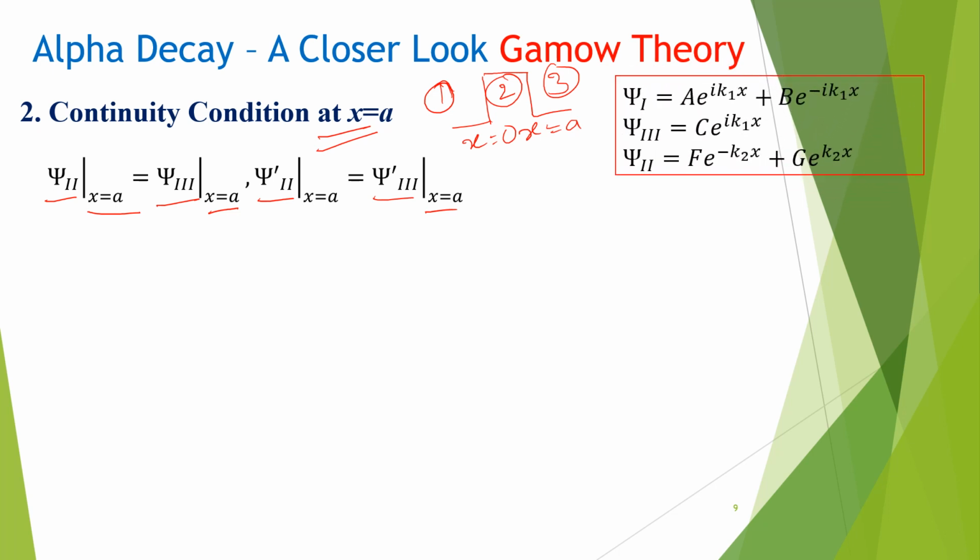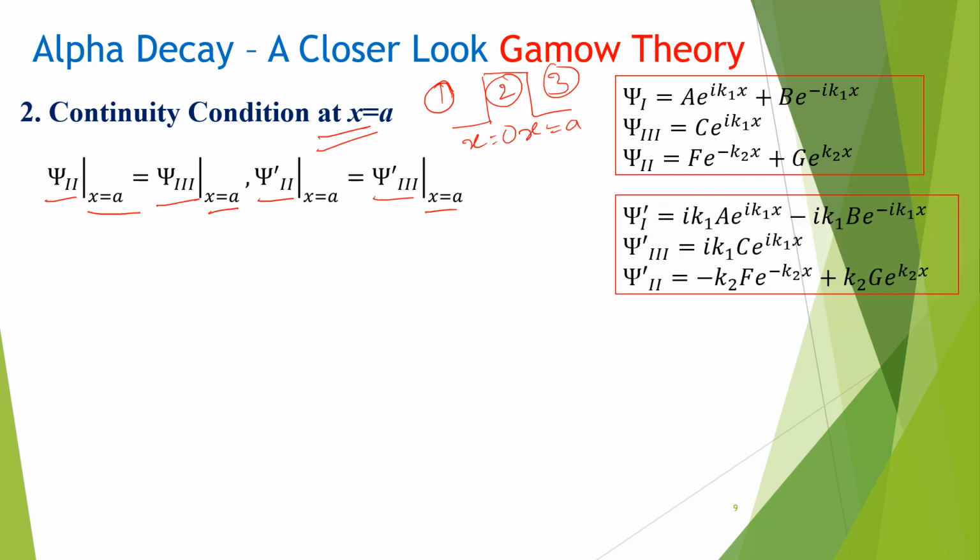Now the same equations I am rewriting: psi1, psi2, psi3 and their derivatives psi1 dash, psi2 dash, psi3 dash. So let us compare the first part, psi2 equal to psi3, and substitute x equal to a. At all these points, x equal to a.